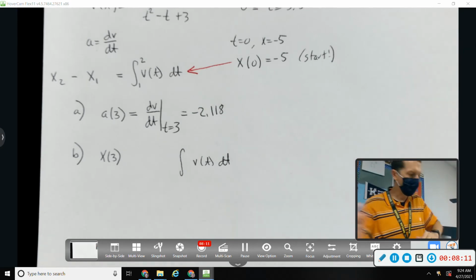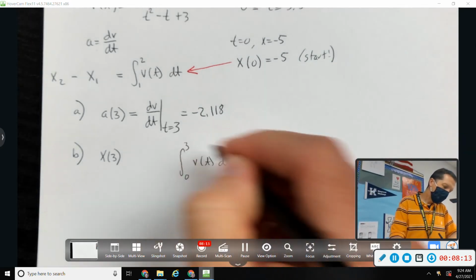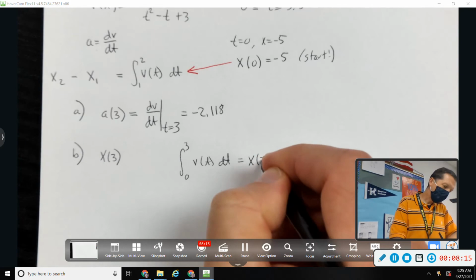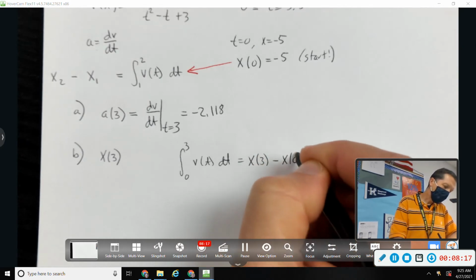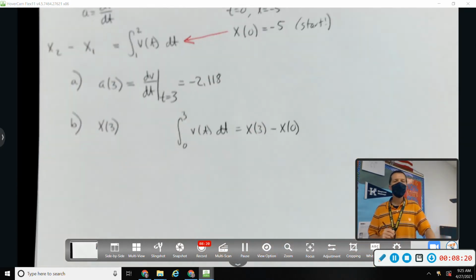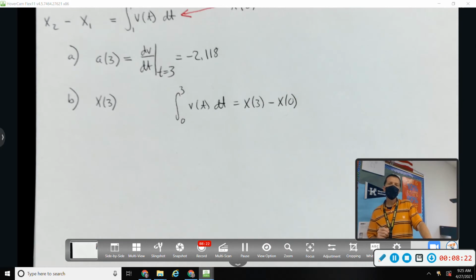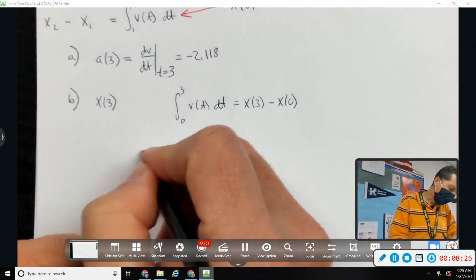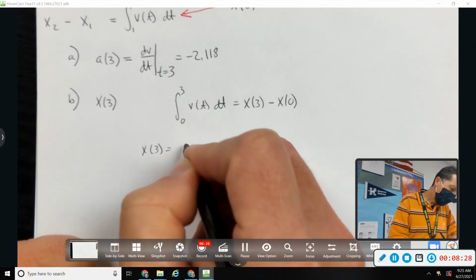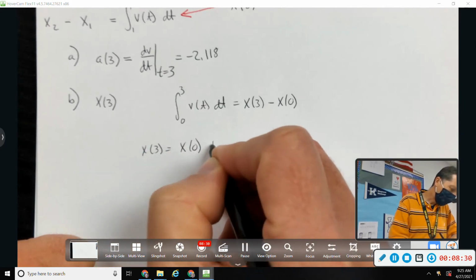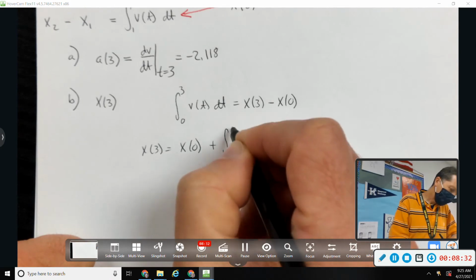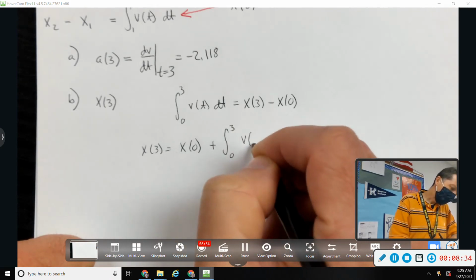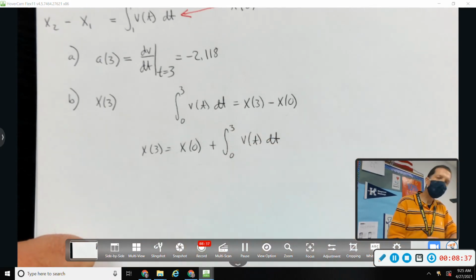I want to do 0 to 3 because that would be x of 3 minus x of 0. And if I move things around, x of 3 equals x of 0 plus the integral from 0 to 3 of v of t dt.